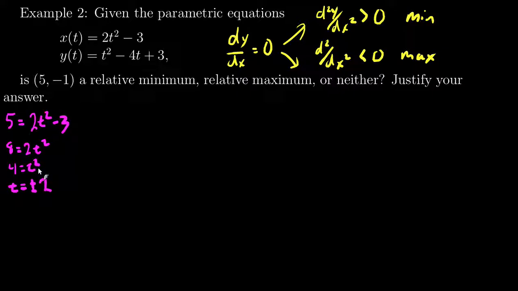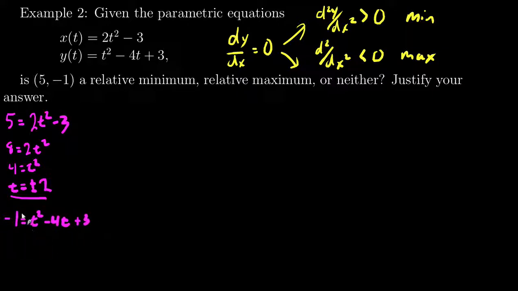But that actually doesn't work in all cases. Both positive and negative 2 aren't right here. So I got this from x, but let me see what happens if I do the y equation. So I'll do negative 1 equals t squared minus 4t plus 3.